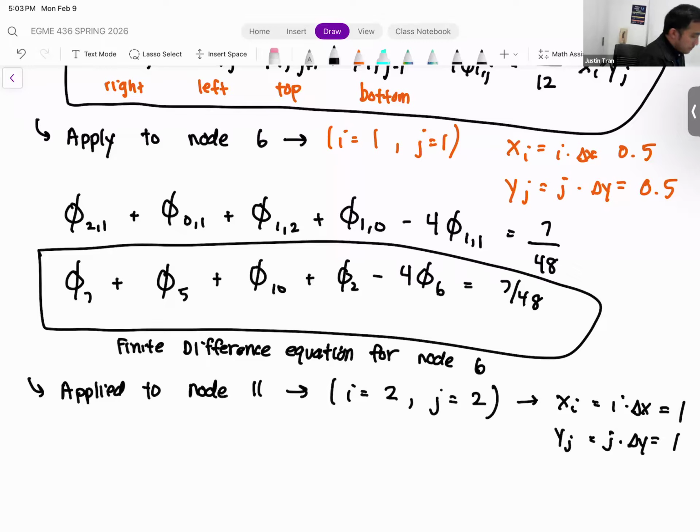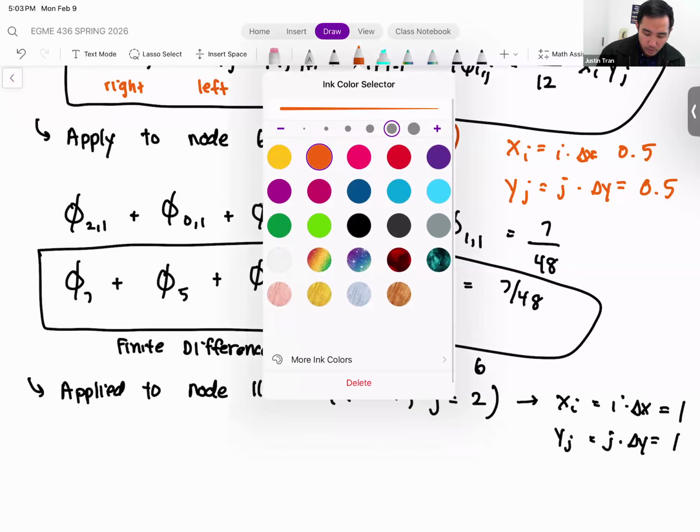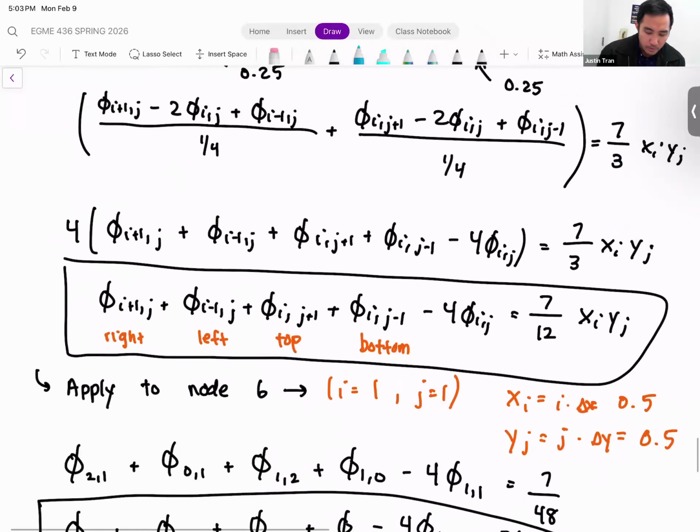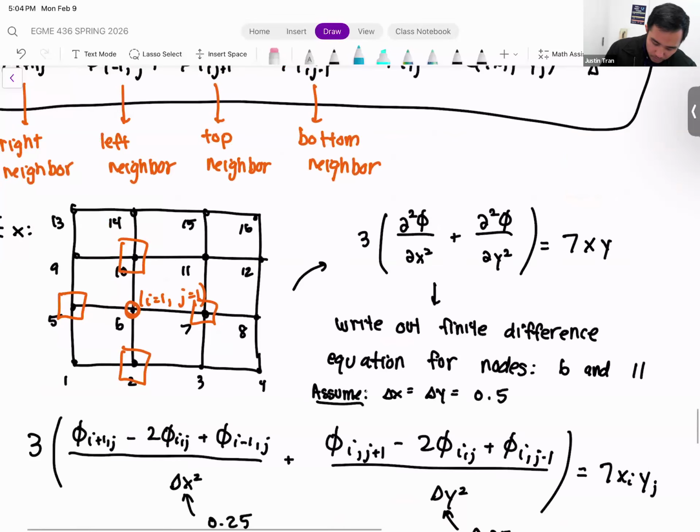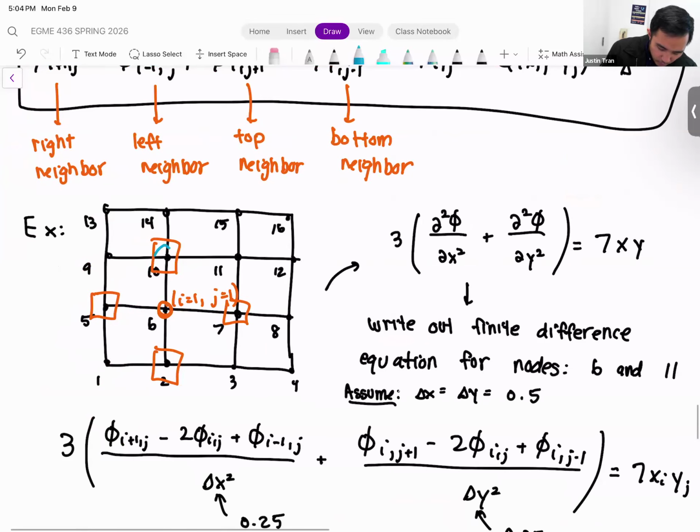Good. Now, writing out our finite difference equation, we know that we're going to get contributions from every single one of node 11's neighbors. So let's go back up to our problem here and note the neighbors for node 11. We have node 10 to the left, node 12 to the right, node 7 below, and node 15 right above.